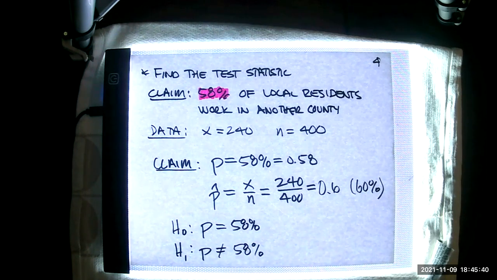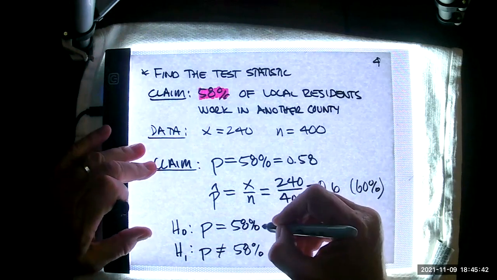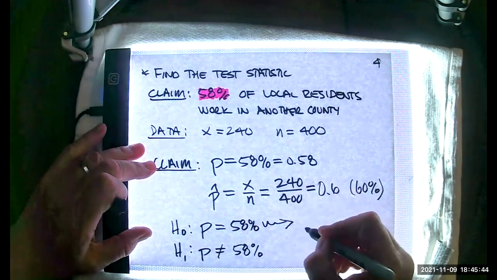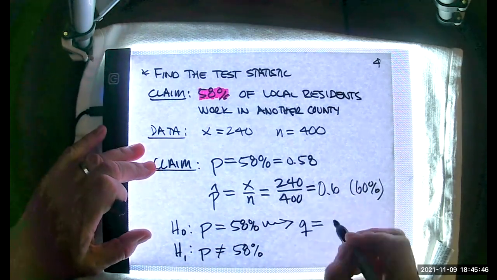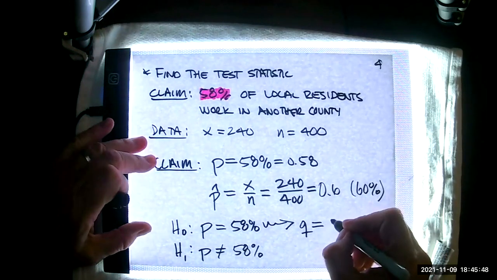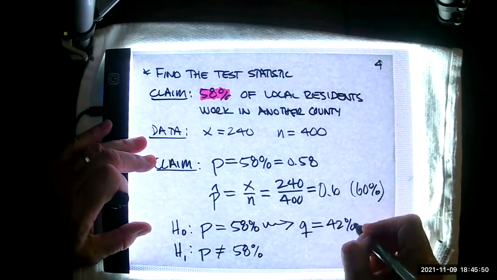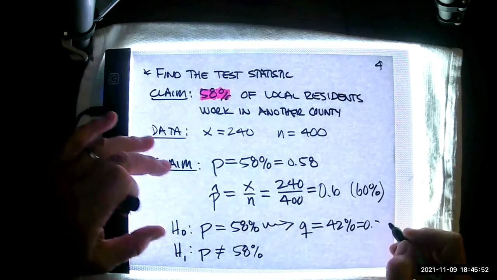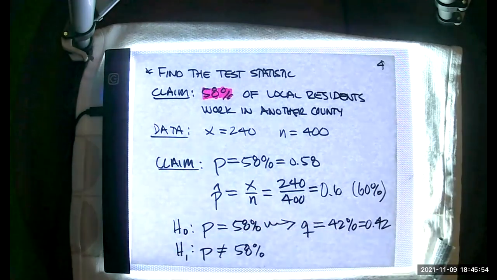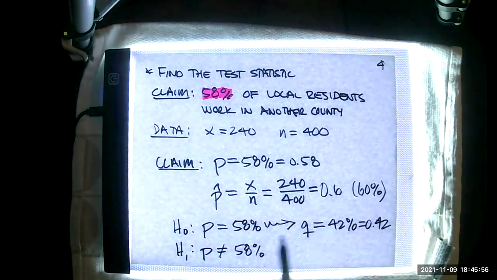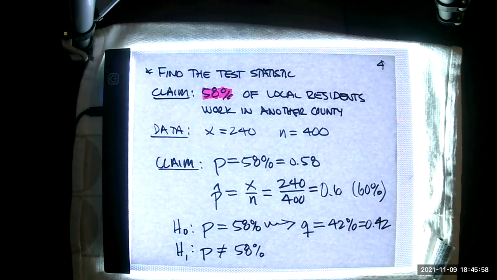Now, it's important to make sure we understand that once I've got this, I can also find a claimed Q. That would be 42% or 0.42. Remember, P and Q have to add to 1. So once I've got that in front of me, I'm ready to go ahead and work my calculation.